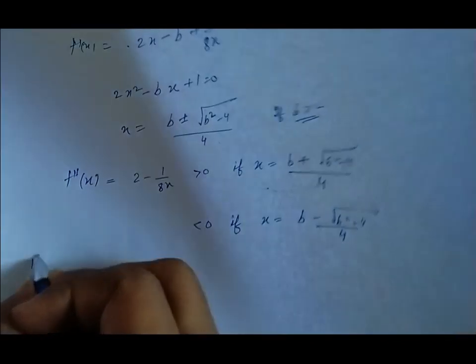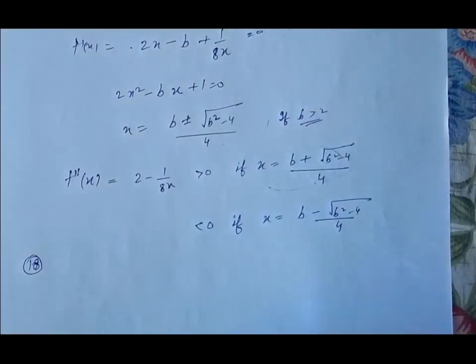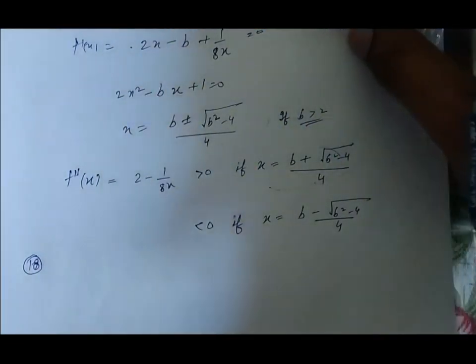Moving on to the next question, question number 18. Prove that the least intercept made on the tangents to the ellipse by the axes is a plus b.